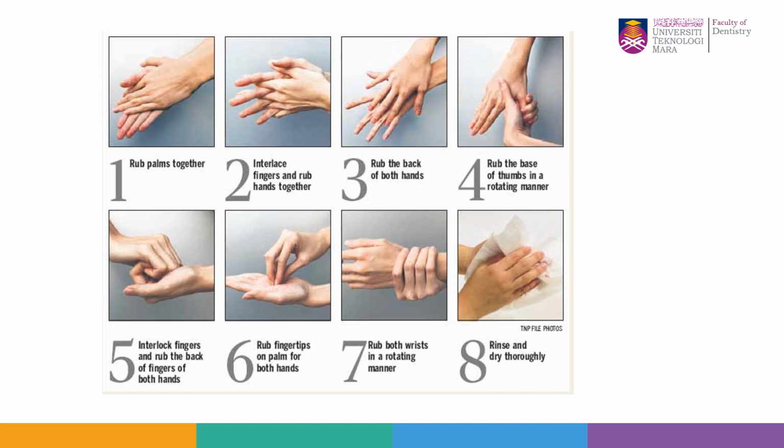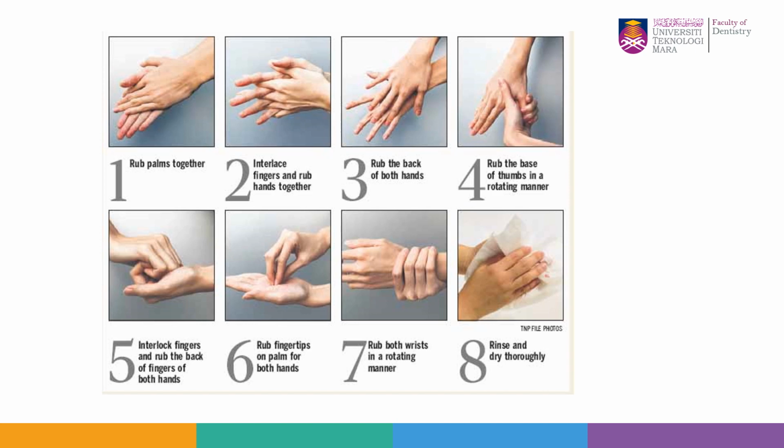You have probably heard of the 7 steps technique. That's correct, but here I'm just going to show you an 8 steps technique, which is almost similar to the 7 steps technique. The first one is rub palms together. Number 2, interlace fingers and rub hands together. Number 3, rub the back of both hands, interchanging with each other.